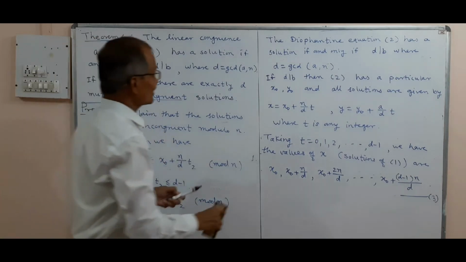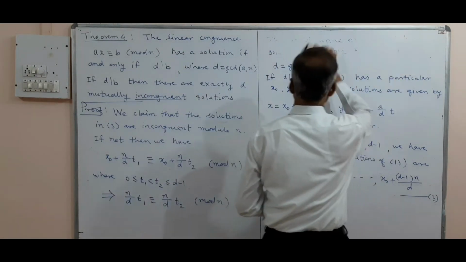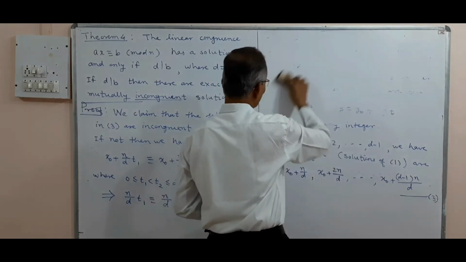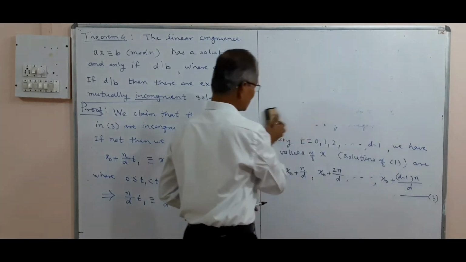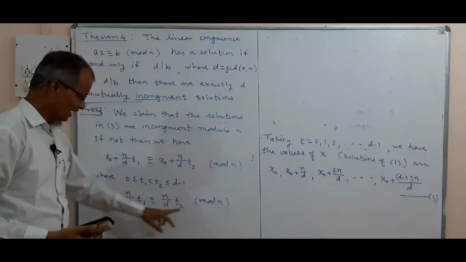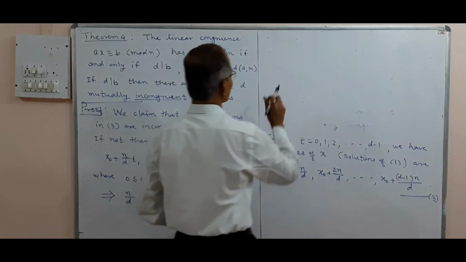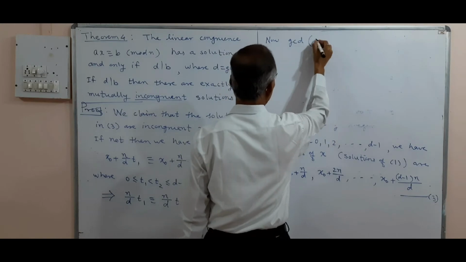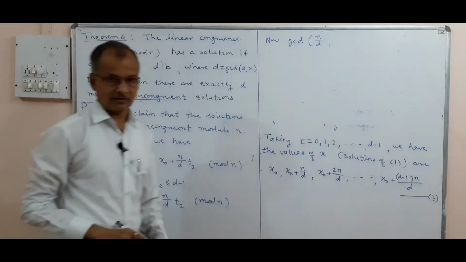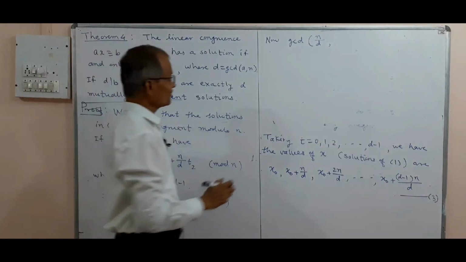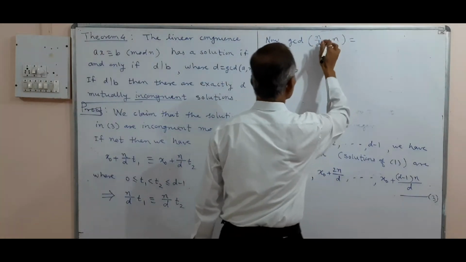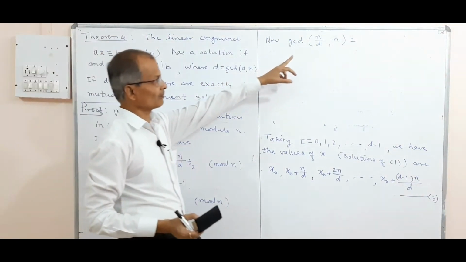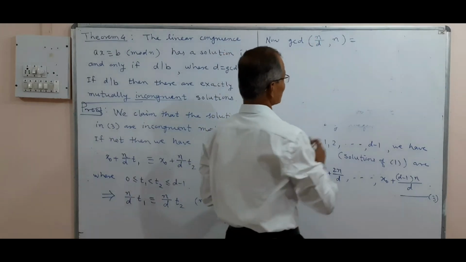Now you see N by D is common on both sides, but to cancel it from both sides, we have to note the GCD of N by D and N, referring to theorem 3 of congruences in this chapter. Though it looks like a fraction, it is an integer because D divides N. So D is a divisor of N, therefore this is an integer, and the smaller is N by D, therefore the GCD is N by D.